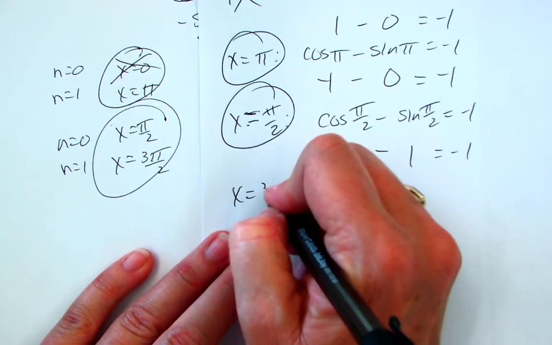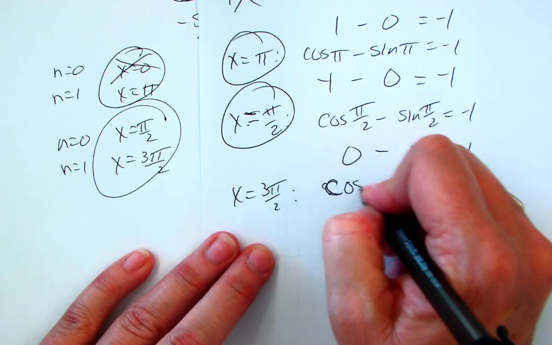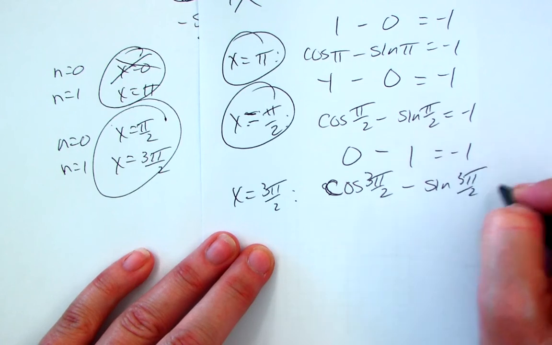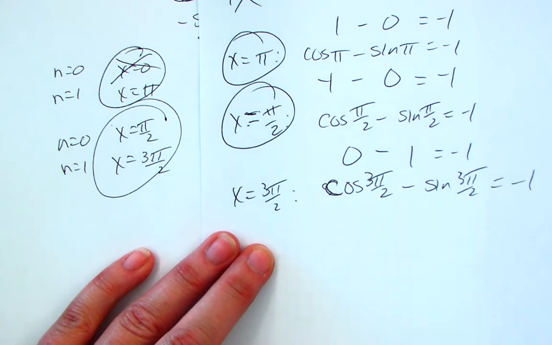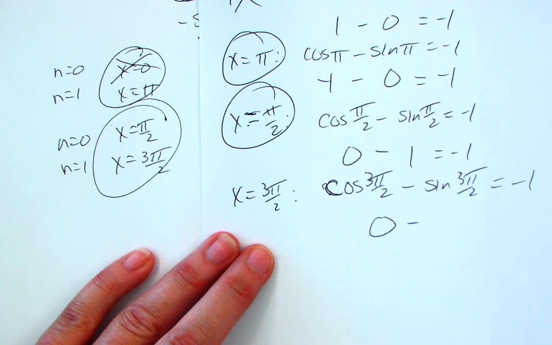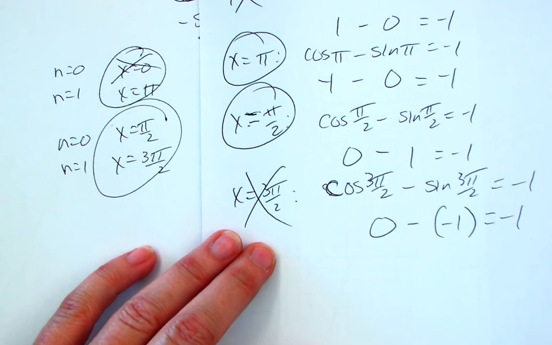And x equals 3 pi over 2 is what I'm going to try next. Cosine of 3 pi over 2 is 0. Sine of 3 pi over 2 is -1. Is that a true statement? I have 2 solutions out of those 4.